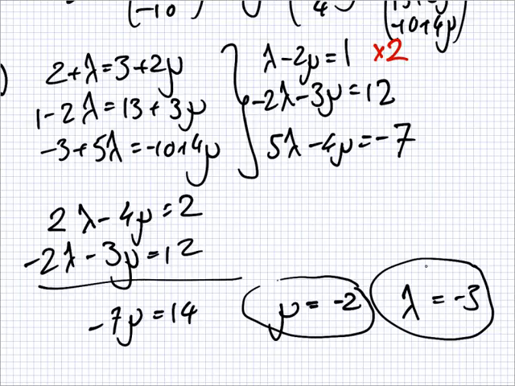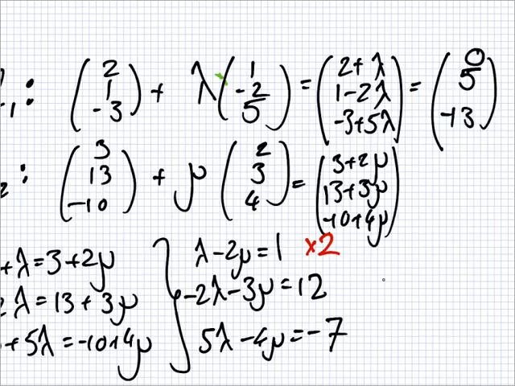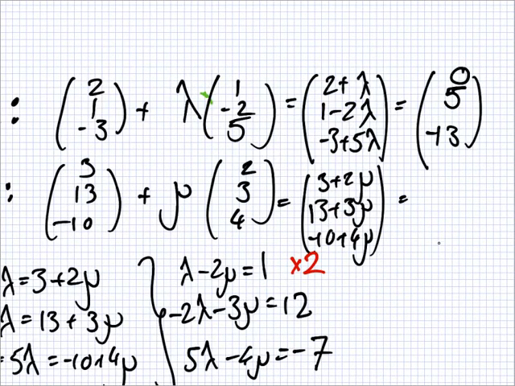We must put both of those answers in at the start to confirm that they make the same point. So mu is minus 2 and lambda is minus 3. Let's go back to the top. So if I put in here minus 2, what will I get? 0, 5, minus 3, minus 10, minus 13. And then for the other one I put in minus 3. No, that's not going to work. I made a mistake somewhere.